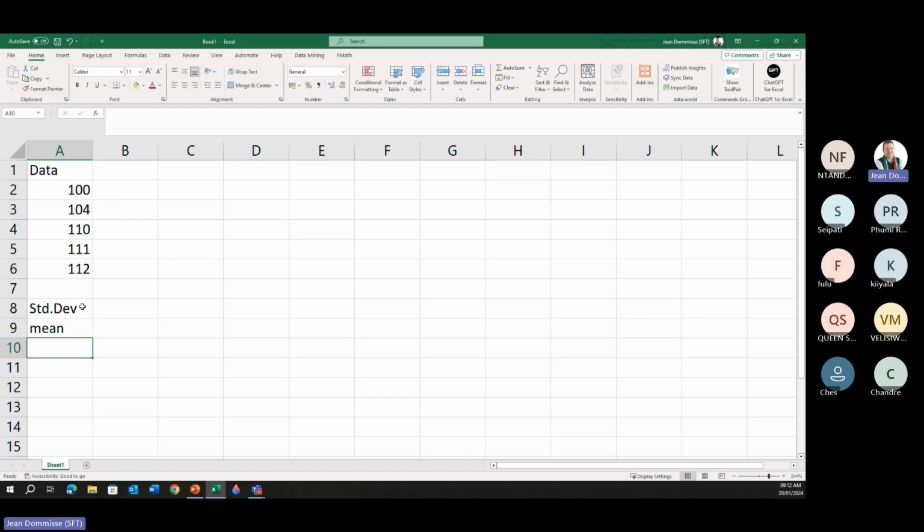If we have those two, we can work out the coefficient of variation, which is your standard deviation divided by your mean times 100%. I will share this as well, but I think you have my original in any case. For the standard deviation, remember again, we're working with a sample, so this standard deviation needs to be of a sample.